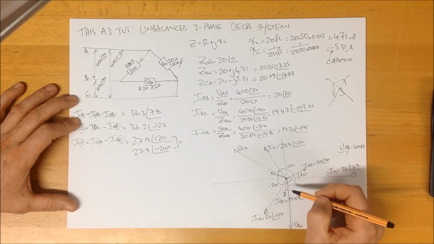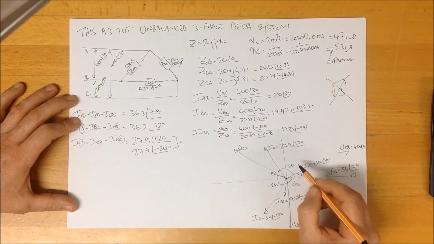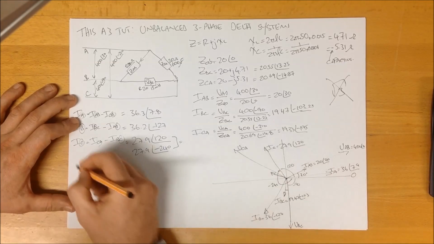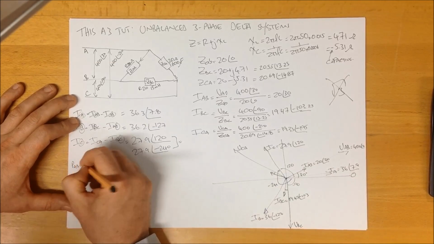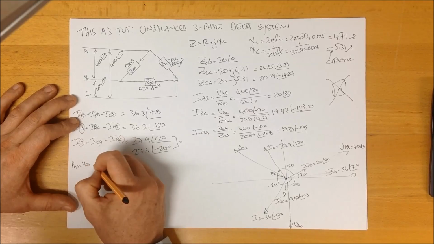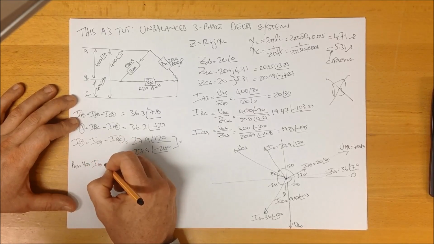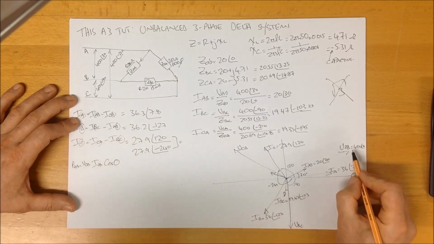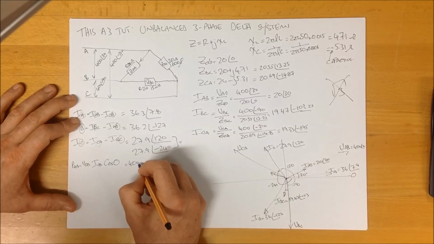the real power of each of these things. So we need to find the power in phase AB, for example. Power in AB is the voltage in AB times the current in AB times the cosine of the difference. Magnitude of the voltage is 400.